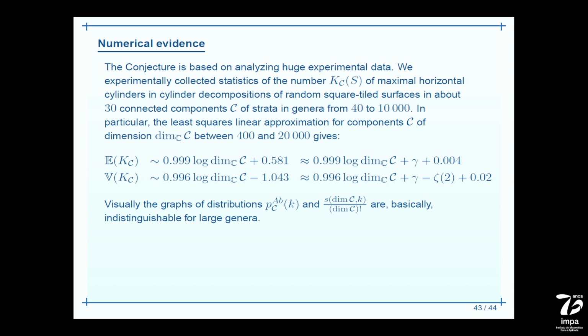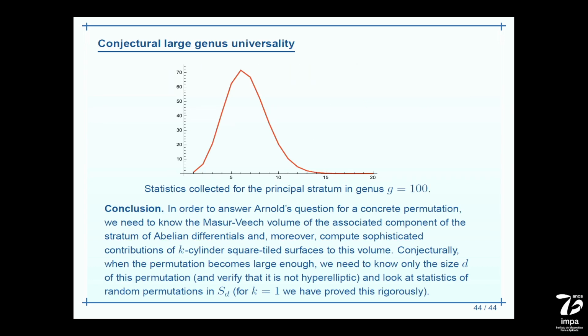We worked with dimensions between 400 and 20,000. So when I said that we went to genus 10,000, it was serious. We played with interval exchange transformations of 20,000 subintervals and collected the statistics. And so here is the statistical analysis.